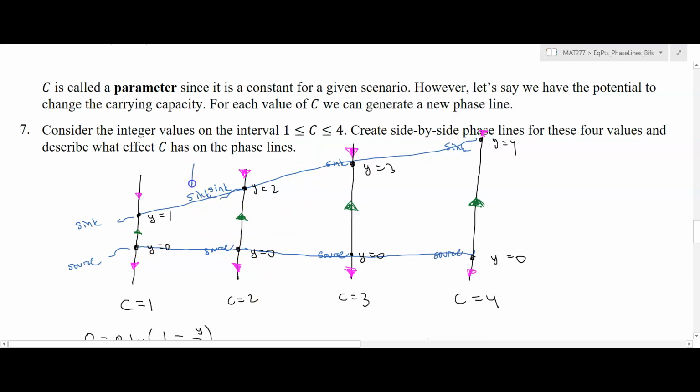And so if you had a phase line, say here, that would necessarily kind of complete the graph. So we're kind of turning these one-dimensional phase lines into this two-dimensional drawing, where the second dimension, if you notice, this is now our c-axis, and this is our y-axis. So we're looking at what happens to y as a function of what happens to c.